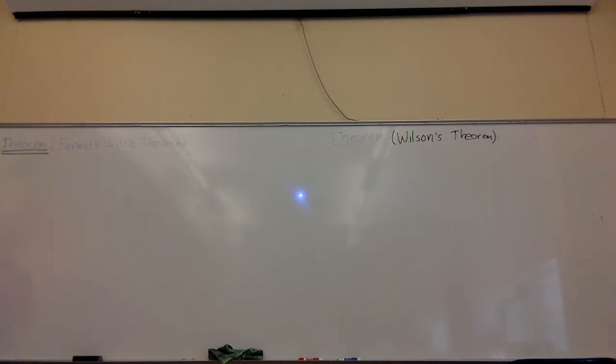So first, Fermat's little theorem. It's just an observation, but it's kind of a special case of something really general. It's the following. Let n be an integer, greater than or equal to 1.